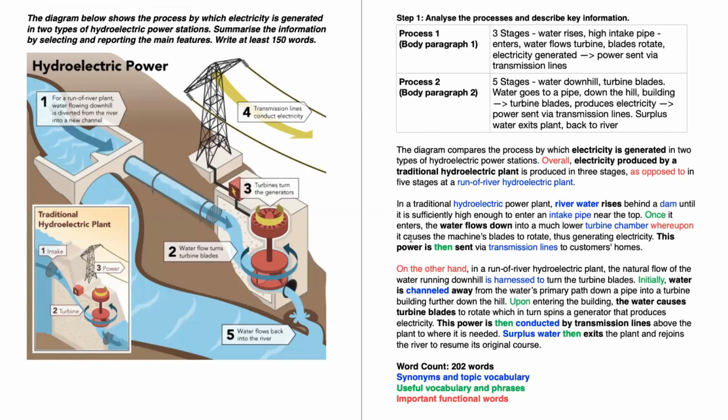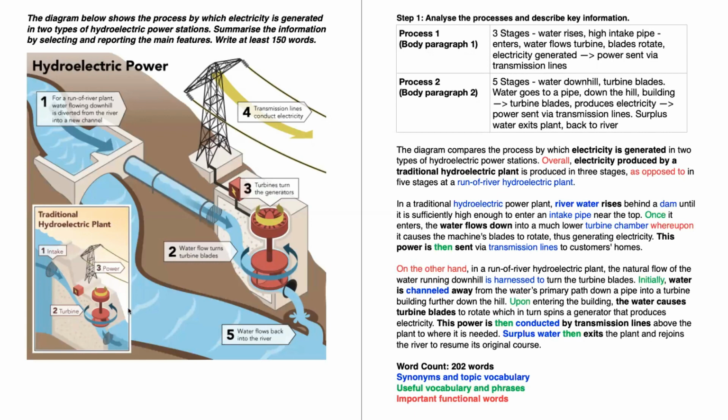Now, if we look at our body paragraph 1, remember we're looking at the traditional plant. So it says, in a traditional hydroelectric power plant, river water rises behind a dam until it is sufficiently high enough to enter an intake pipe near the top. And here we see it. Once it enters, the water flows down into a much lower turbine chamber, whereupon it causes the machine's blades to rotate, thus generating electricity.